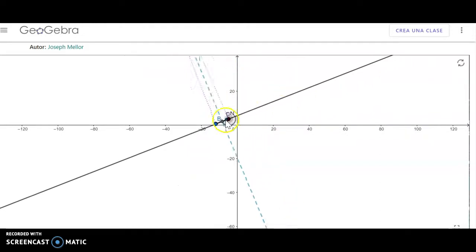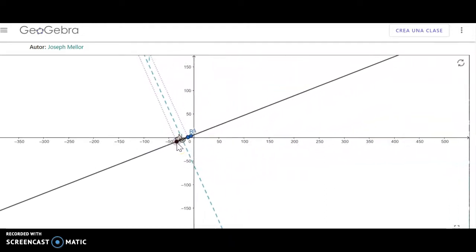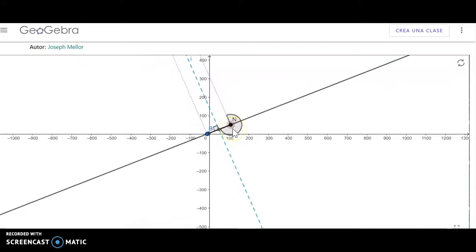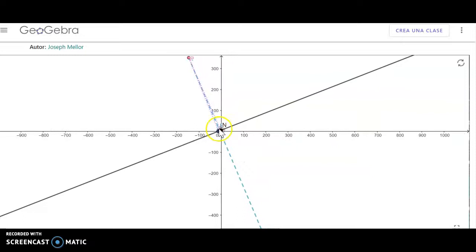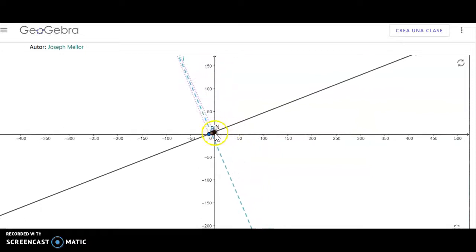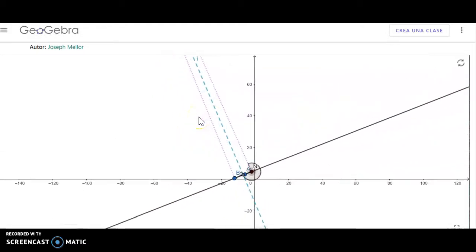And we drag the point. It's still making a really small parabola.